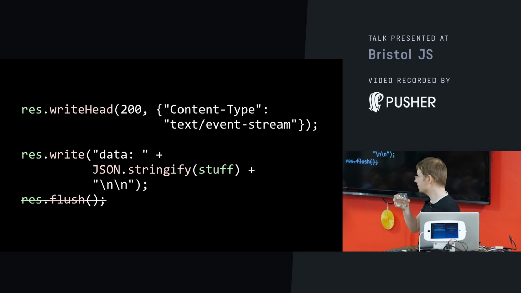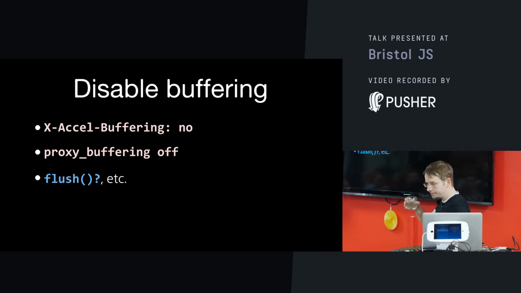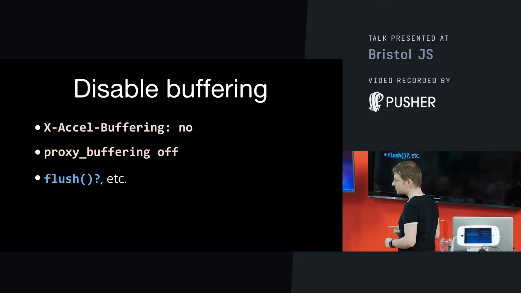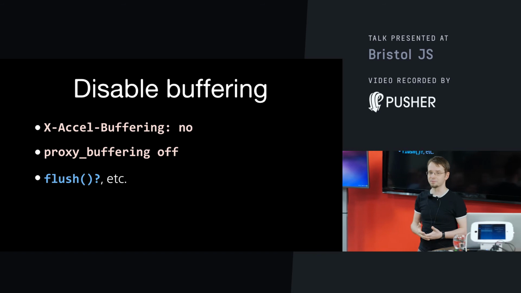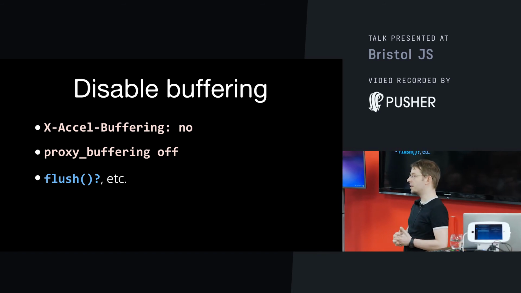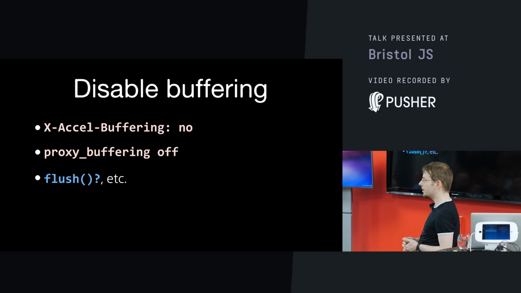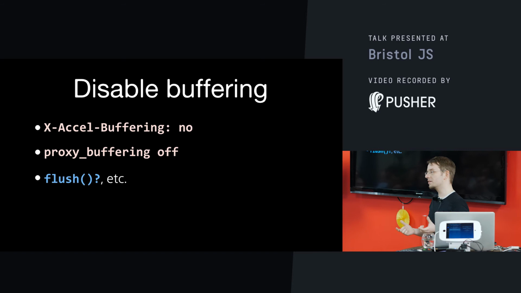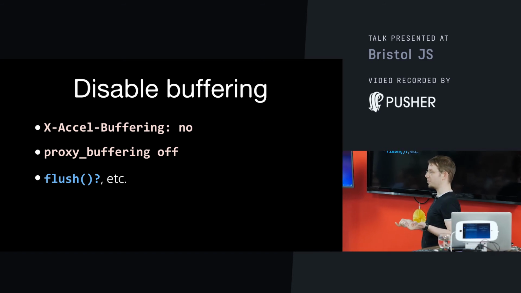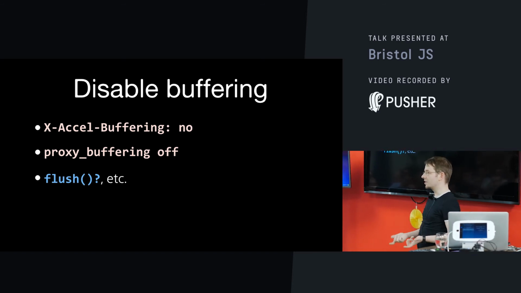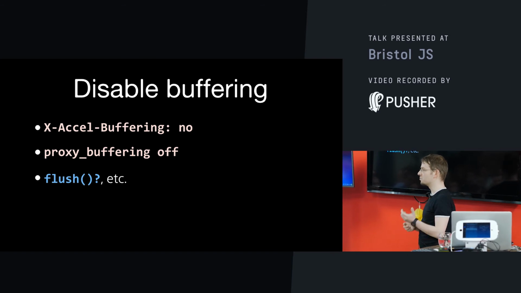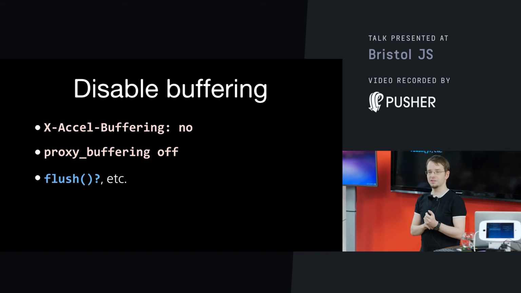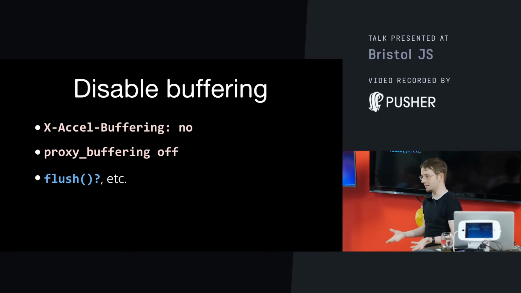And speaking of buffering, buffering is the most annoying thing about server-sent events when you try to deploy them. So for example, Nginx, a server, by default will try to buffer 8 kilobytes of data. But if you're sending an event that is just 100 bytes of data, well, it's going to sit in the buffer waiting for more data to be sent eventually, which is not good when you want this data to reach the browser immediately.